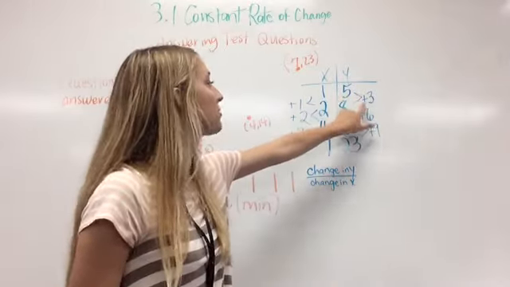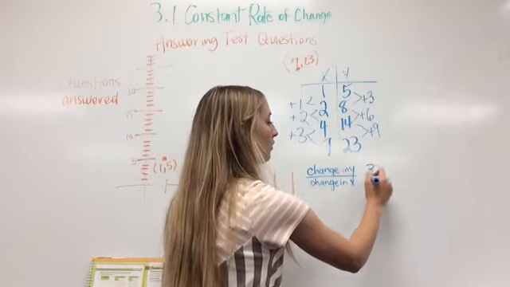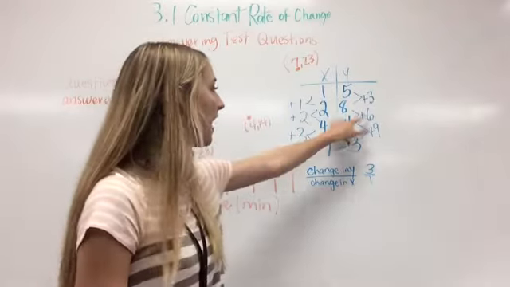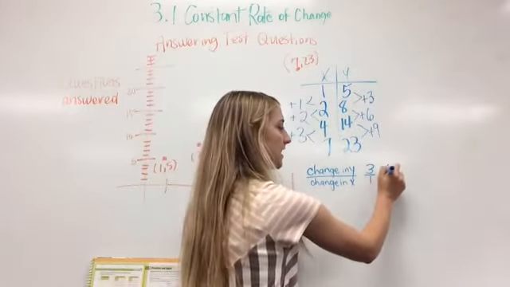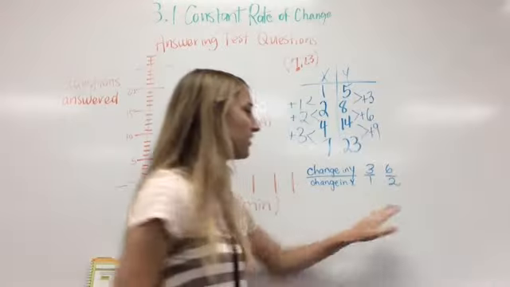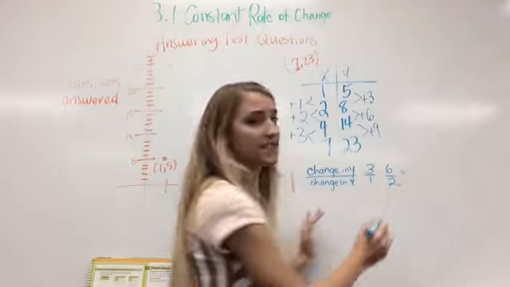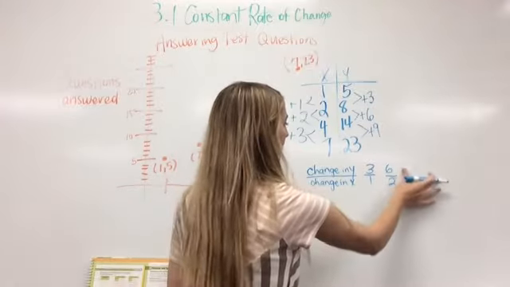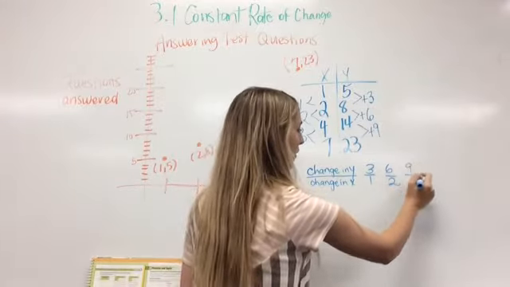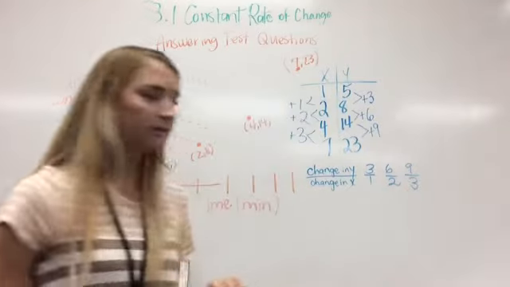Okay, let's start over here. So we have 3 over 1. And then we have 6 over 2. These aren't the same number, but let's keep going. Not the same fraction. And then we have 9 over 3.